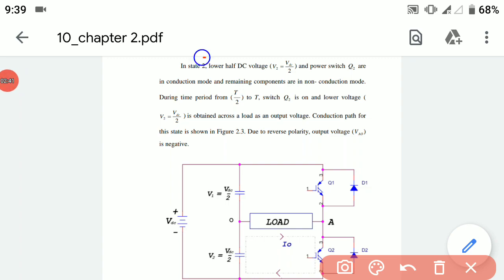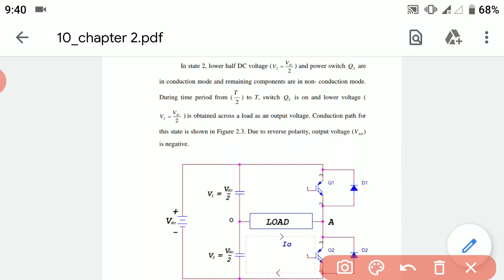In state 2, the capacitor 2 and the power switch Q2 will be in conduction mode and the remaining components in non-conductive mode. During this second T by 2 interval, switch 2, that is Q2, is on, and the lower voltage, that is the negative voltage V2, equal to minus VDC by 2, is obtained across the load as the output voltage.